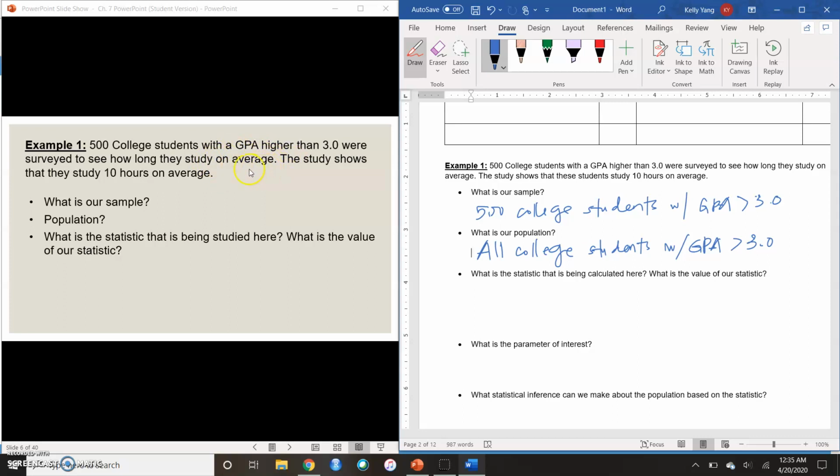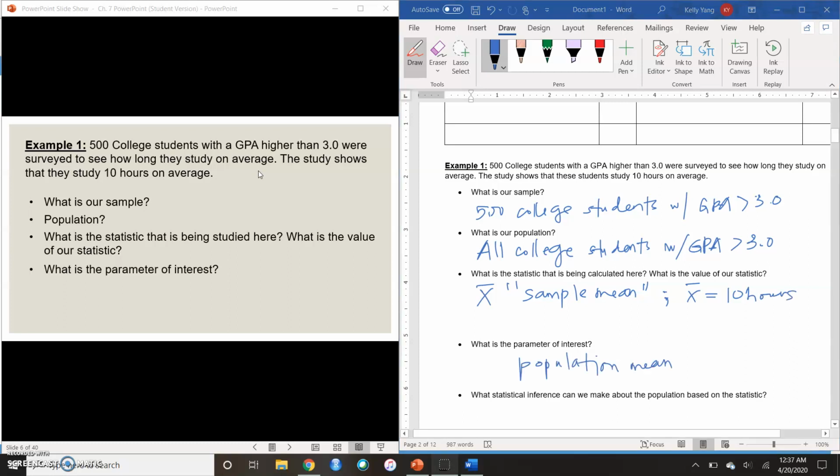The word average already tells us that we're looking at the mean. So the statistic being calculated here is X bar, or the sample mean. Do we know the value of our statistic? Yes, we do. X bar in this case is 10 hours, because these students study 10 hours on average.